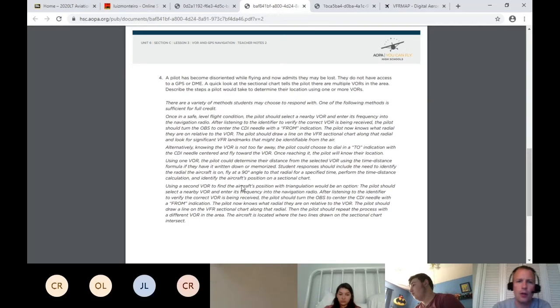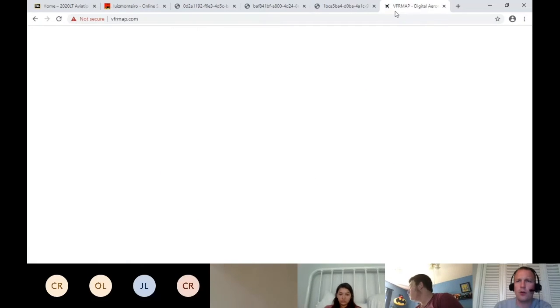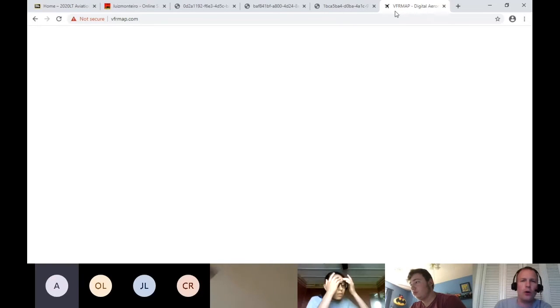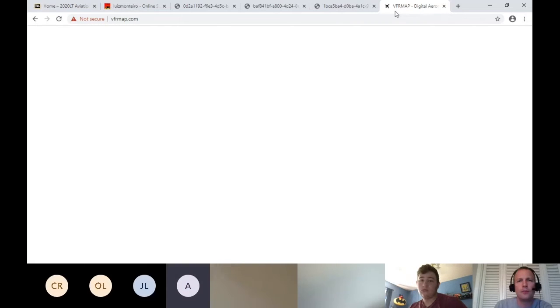So it's saying you're somewhere on this chart, and you don't know exactly where you're located, but you can see the Okmulgee VOR and the Tulsa VOR on your station. How could you use those to determine your position? Well, the answer here is that you tune one in.